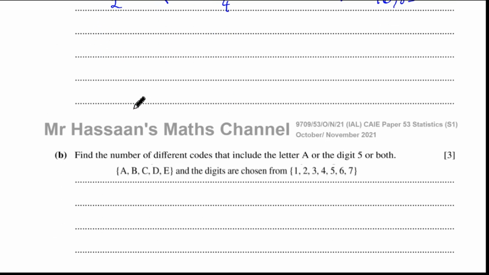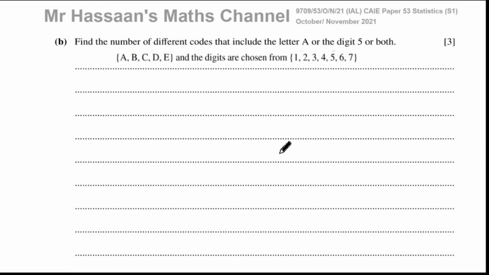Now, for part B, it says find the number of different codes that include the letter A or the digit 5 or both. Again, we have 2 letters and 4 numbers to choose from. We could go through all of the different cases: the ones that include the letter A, the ones that include the digit 5, and the ones that have both A and 5 in them.